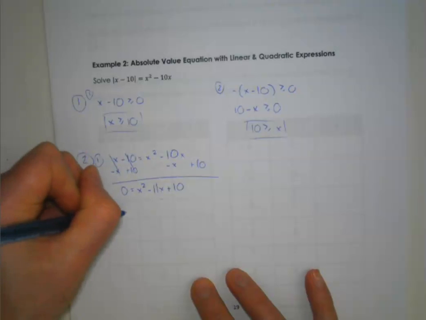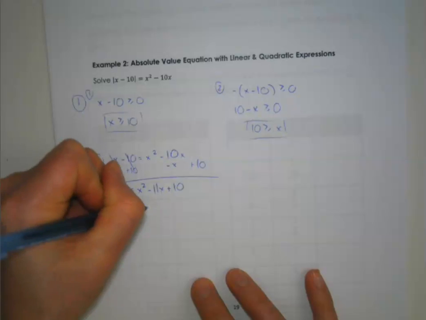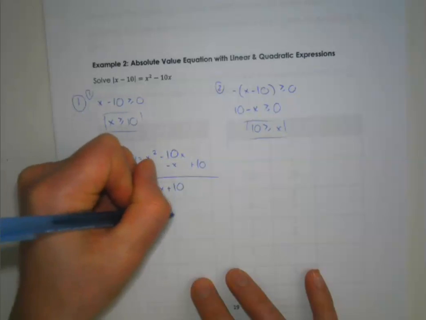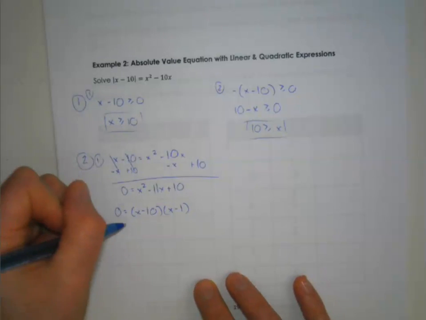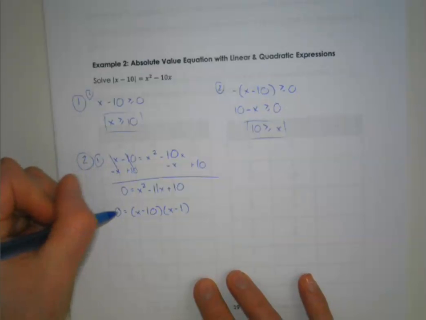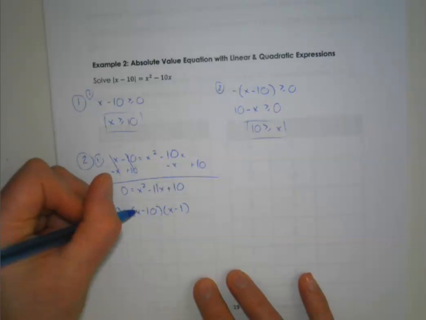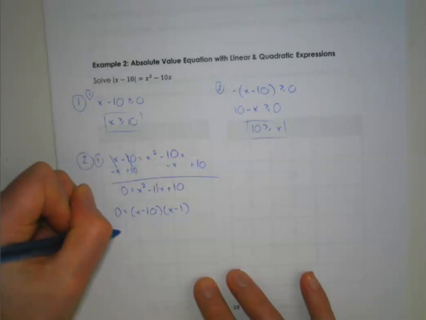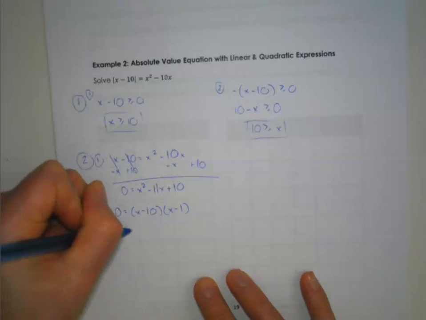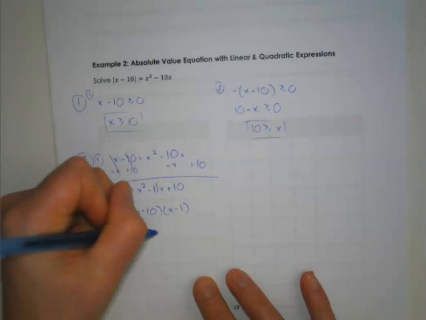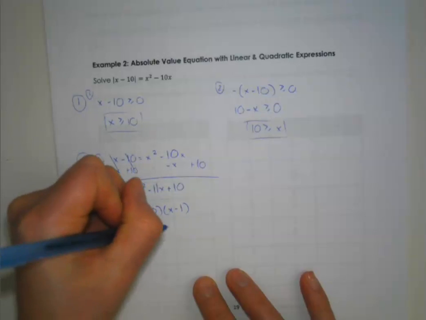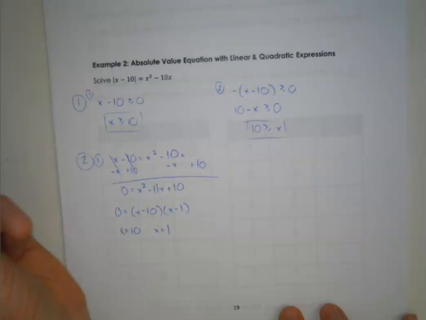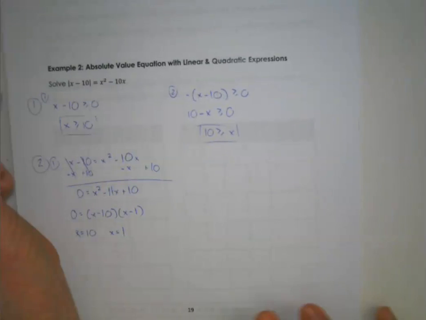So we're going to have 0 equals x minus 10 times x minus 1. In order for this to be equal to 0, we would need each one of these brackets to equal 0. So x minus 10, we'd have to have positive 10 to add to 0, so x equals 10. And in this bracket, we would need x to be equal to 1 for it to subtract to 0. So those are our two for our original equation.